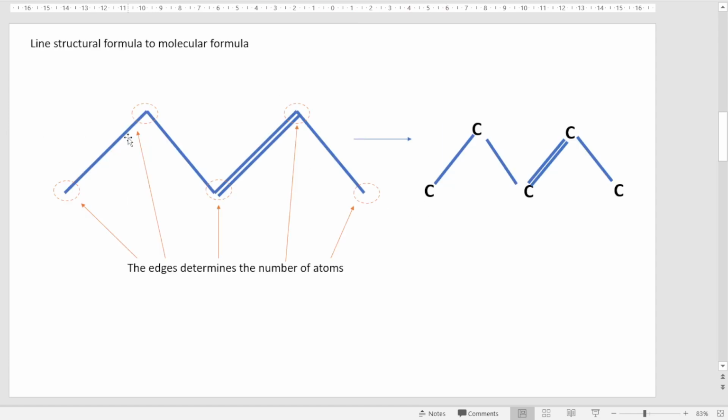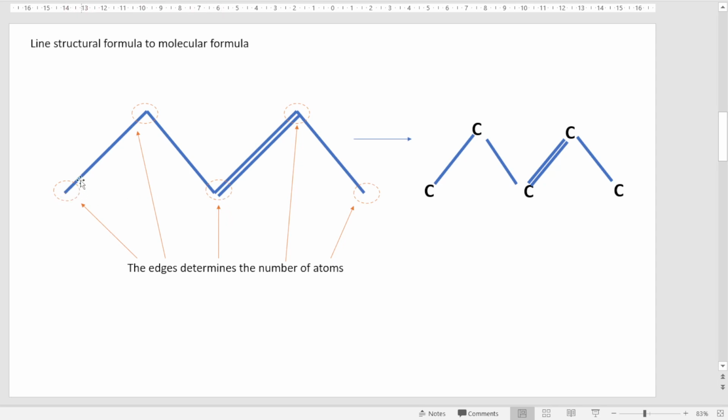One of your classmates has asked about transforming structural formula to molecular formula. As we can see here, for example, in a line structural formula, we have here the edges which are encircled by the orange line.